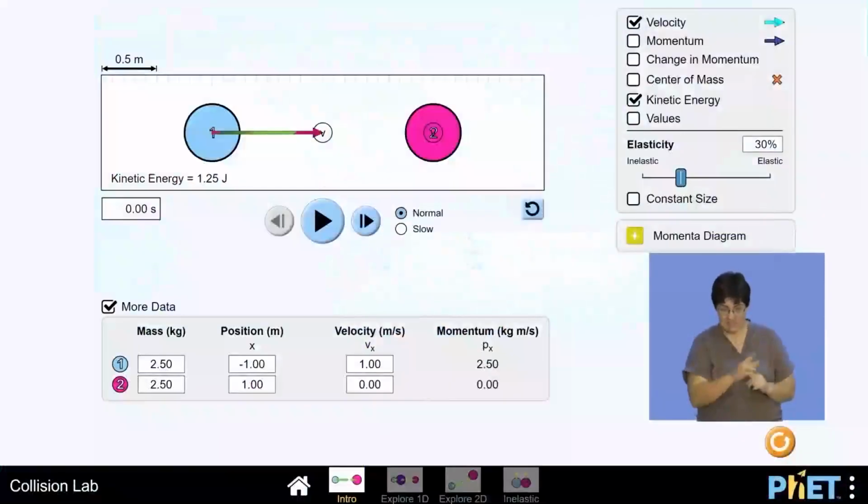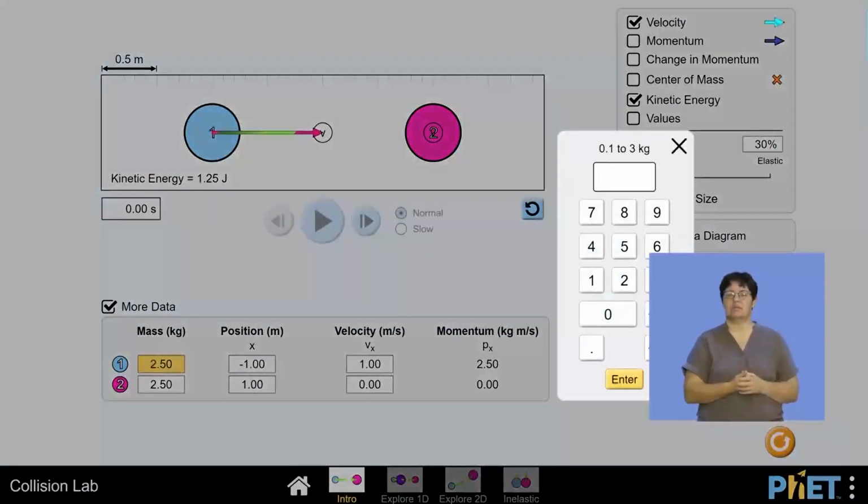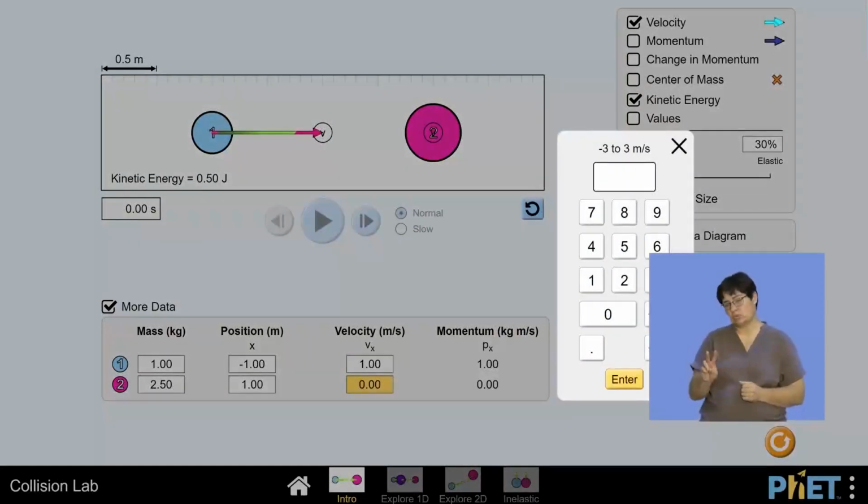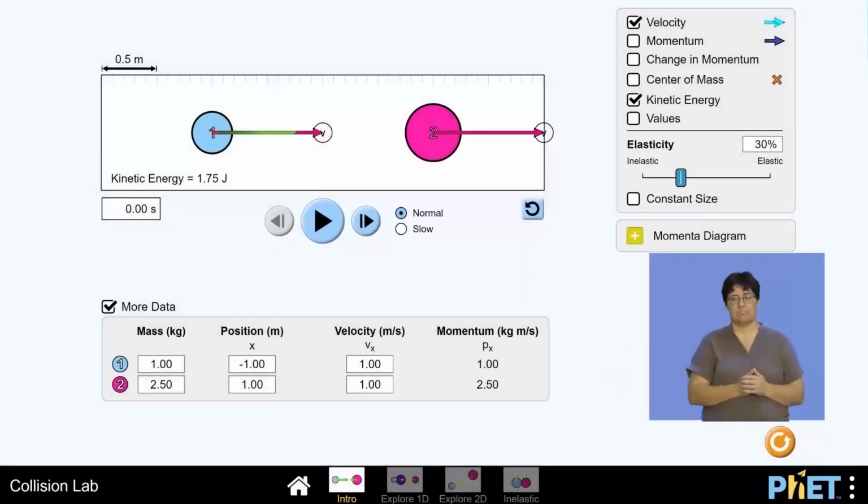Let's see if that's always the case. So, let's make number 1 kilogram. Let's make number 2 moving in, say, the same direction as number 1, and it's going at 1. So they have the same velocity, and let's see what happens when they collide.